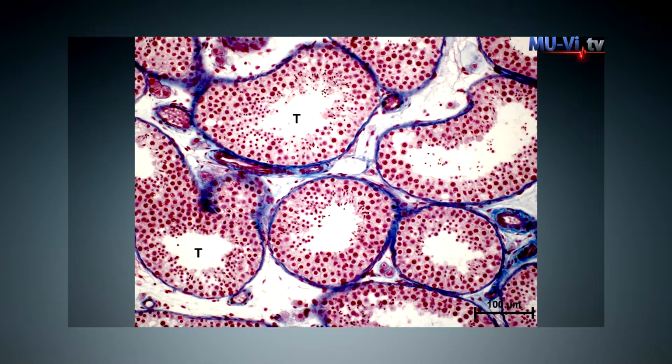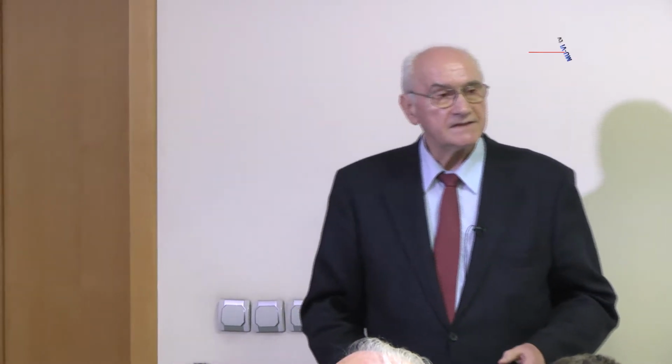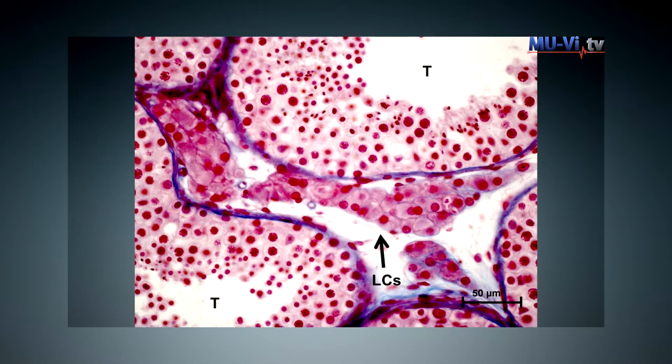And if you note, there are a lot of blood vessels in this intercellular realm. Additionally, there are small or large groups of large cells. These are the so-called Leydig cells or interstitial cells, which are the producers of the steroid hormones, primarily testosterone.